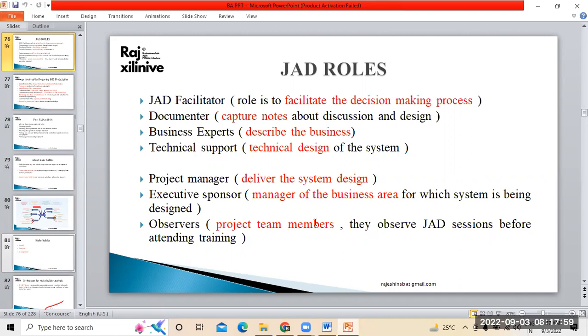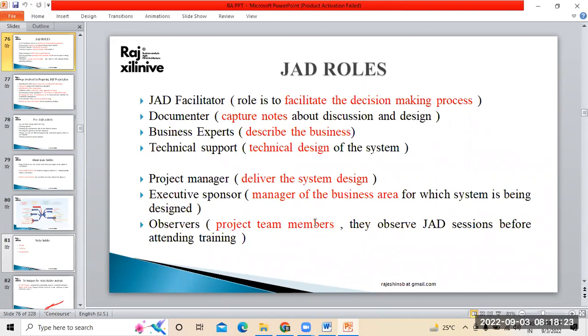You'll have a facilitating authority where the facilitation process and everything will be taken care of.